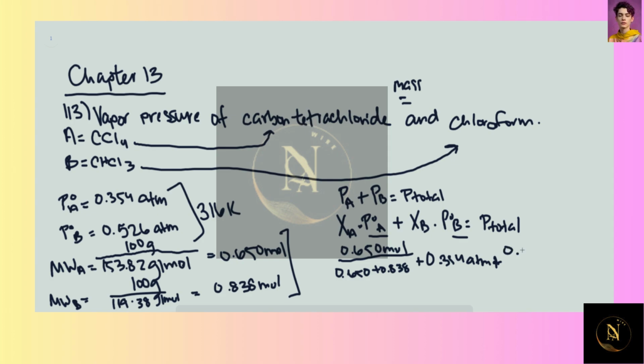We can do the same thing for chloroform. Again, we know from the problem the pressure of pure chloroform. And solving this gives us a total pressure of 0.451 atmospheres for this first solution.